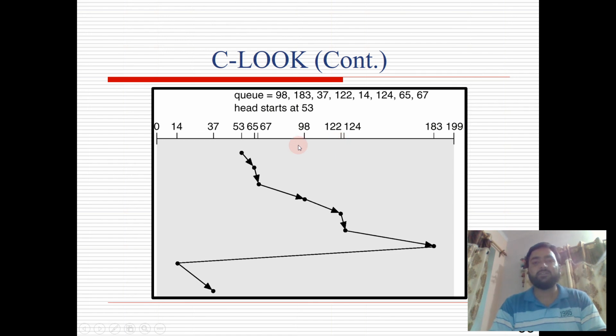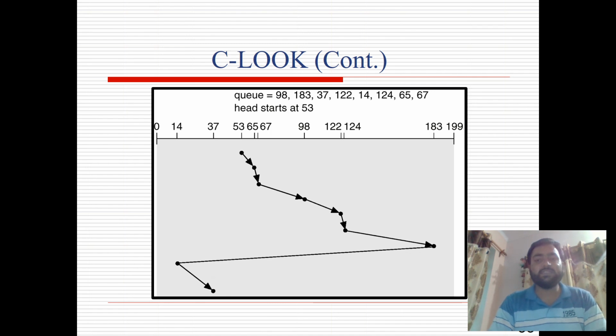After the head movement at 183, it tracks back to the last request in the other direction, that is 14. It does not go to the end of the disk. It goes to the last request in that direction, and from 14 it will track to 37.